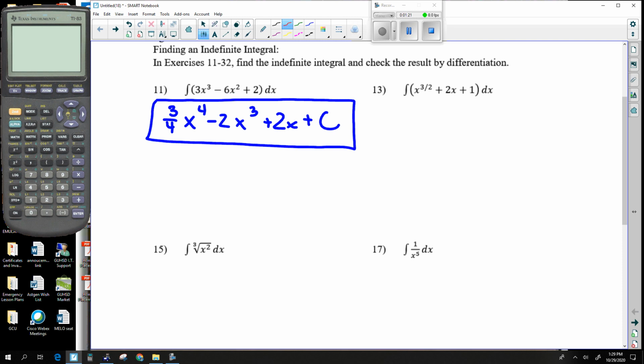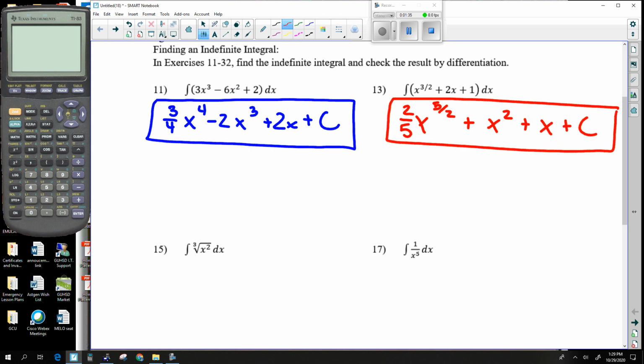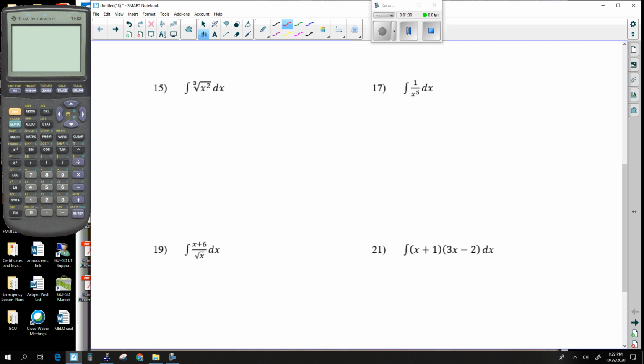All right, so again, increase the exponent by 1. This would be 2 over 2, so that'd be 5 over 2, flip it. X squared divide provides a 1, 1x plus c. Okay, this is currently x to the 2/3.